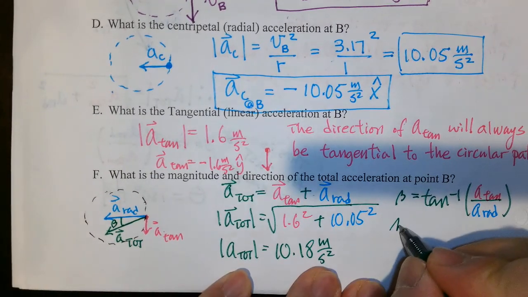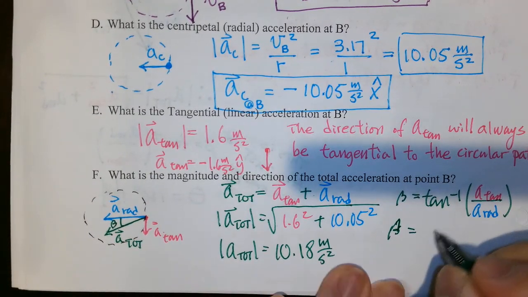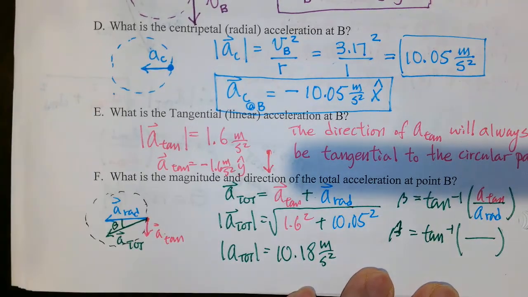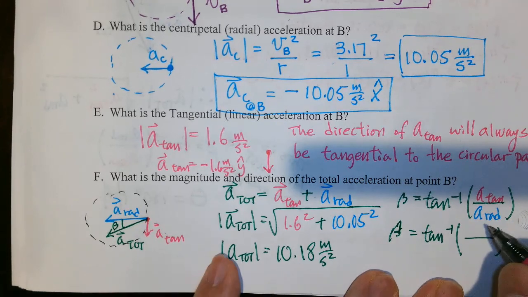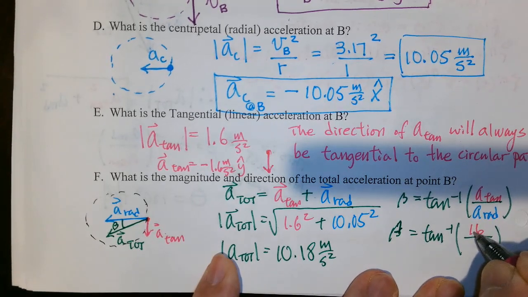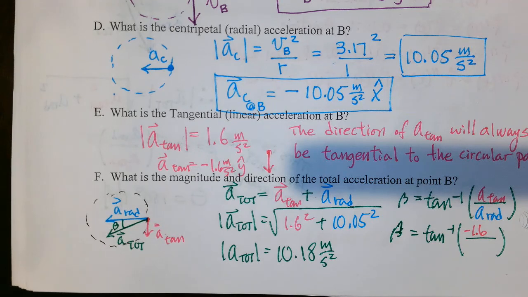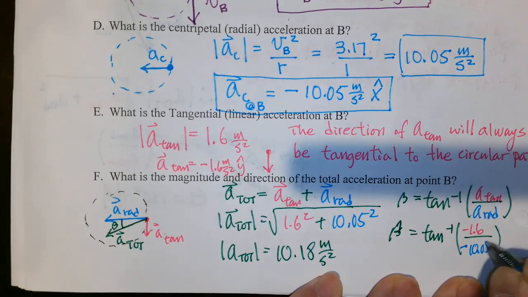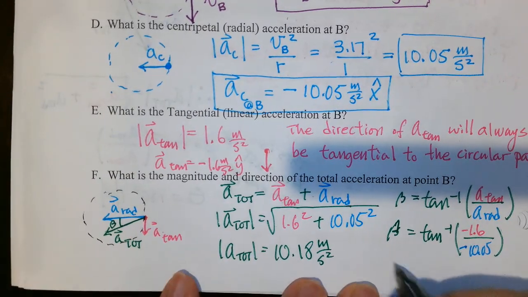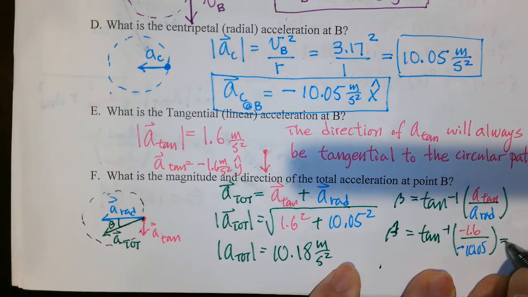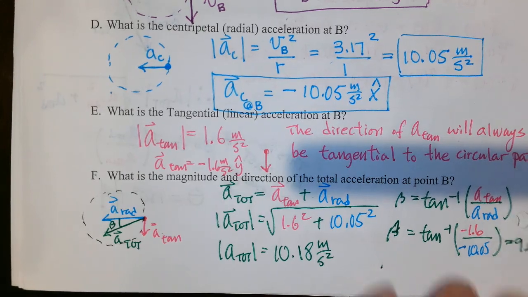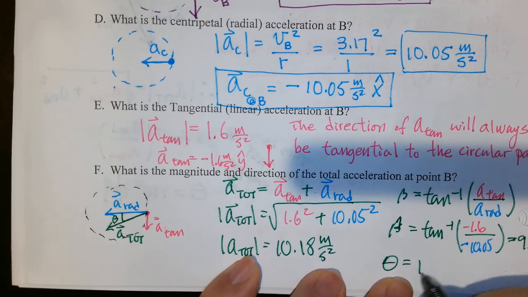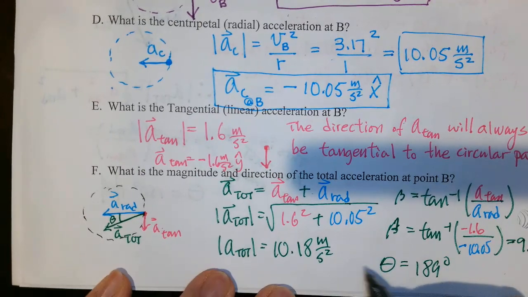So my beta comes out to tan inverse of 1.6, and this is negative 1.6 because it's in the third quadrant, over negative 10.05. So my beta comes out to 9 degrees. So my theta, the direction, has to be 189 degrees.